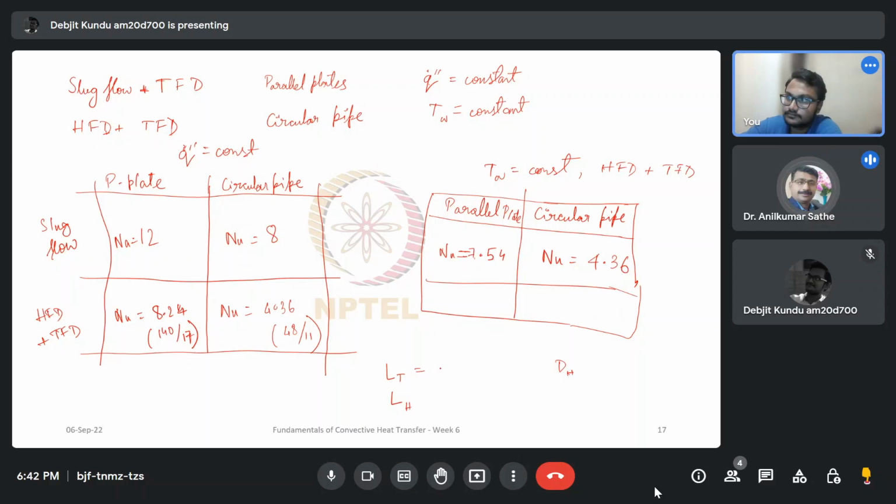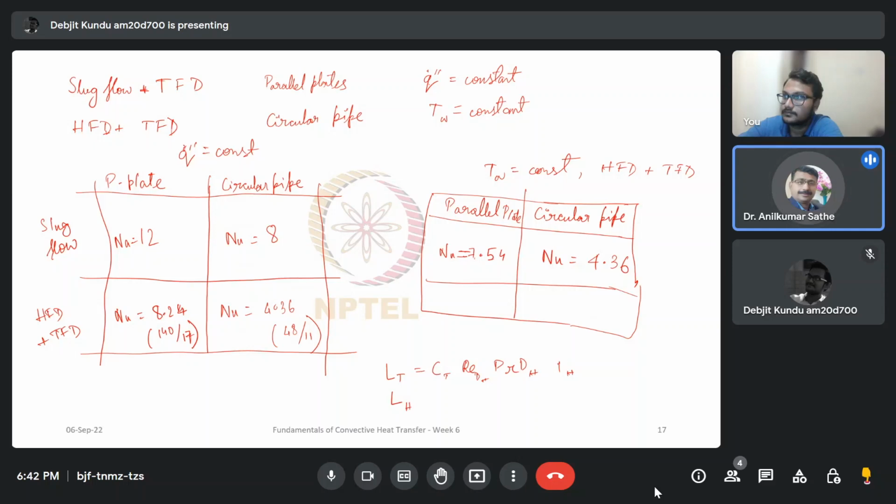For a parallel plate channel, it is 4H, and for a circular pipe it is D only. So LT by DH equals CT, some constant, times Reynolds number based on hydraulic diameter times Prandtl number. That is the formula, right?